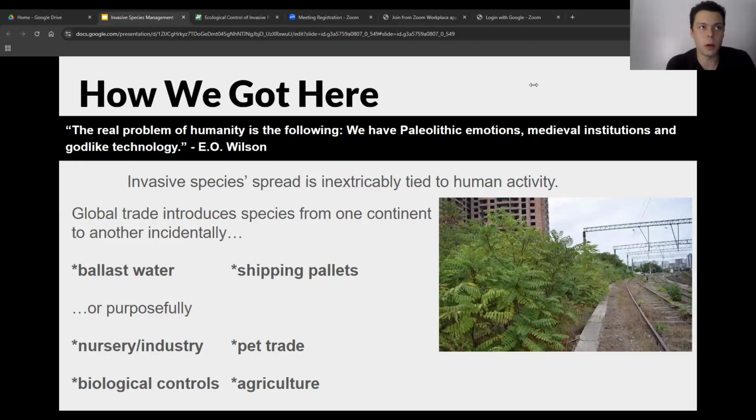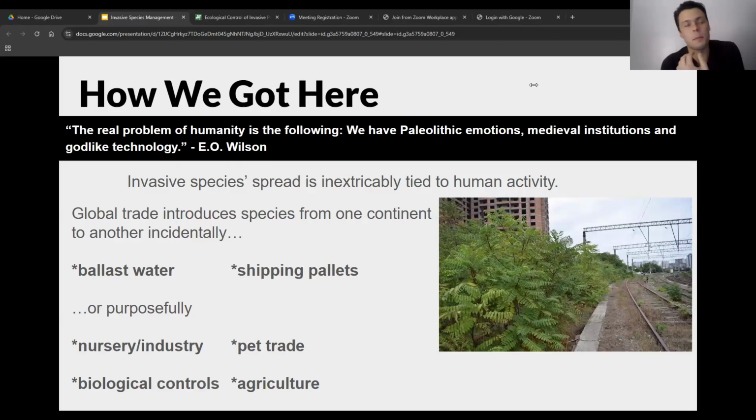Rail is one of the largest distributors of invasive species. You see in the photo an invasive that we're going to talk about later. That's Ailanthus altissima, the tree of heaven. And you'll see on almost any rail line in the Midwest, if you're looking just off, you're going to see so many of those. They're being spread through trade. And sometimes these are accidental and sometimes they're purposeful.